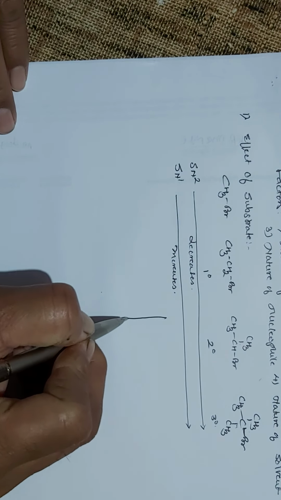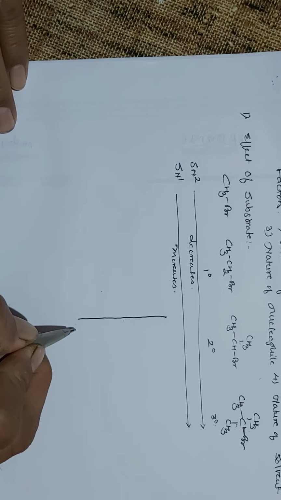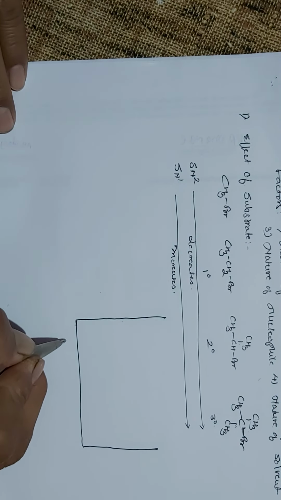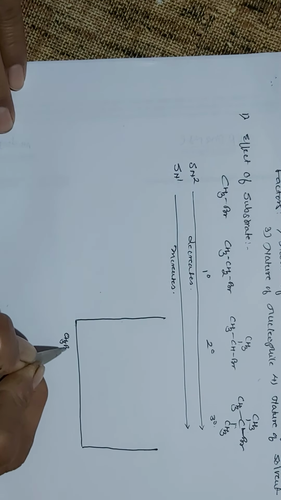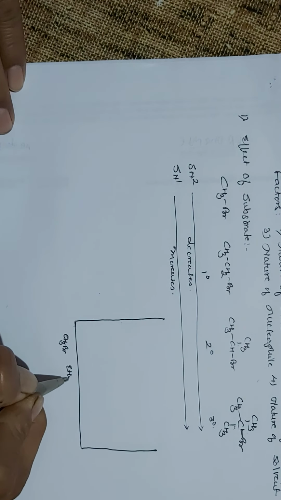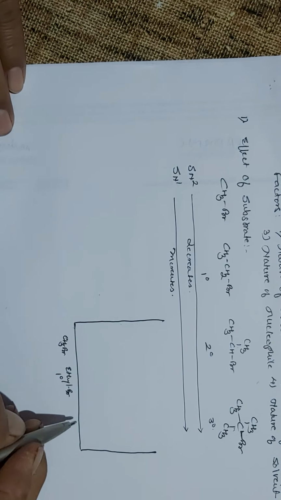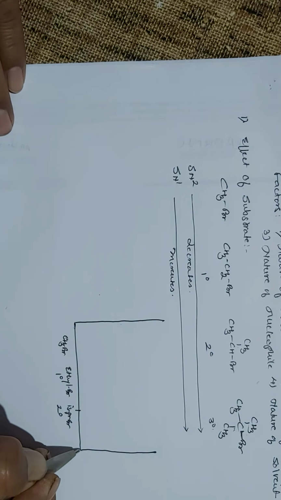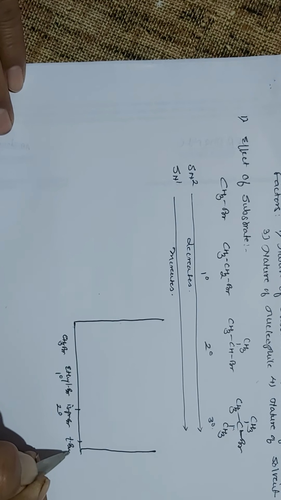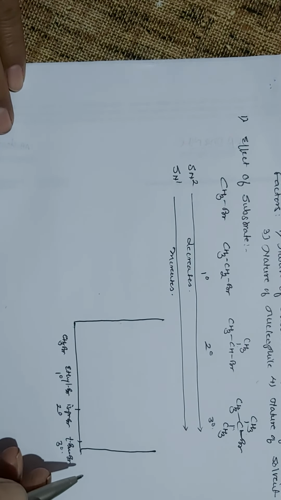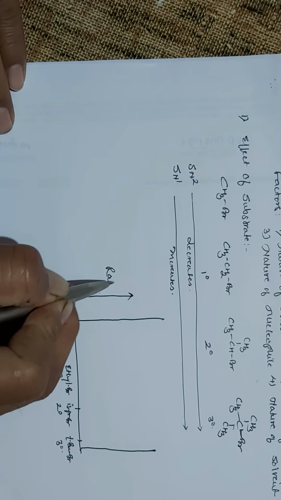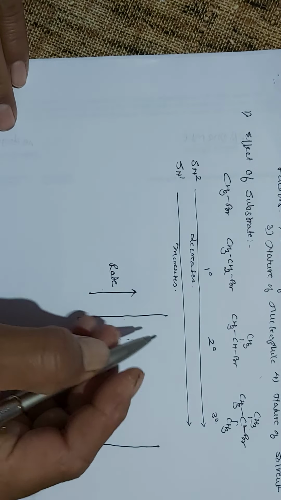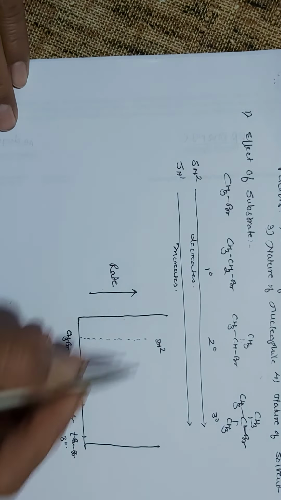In this way, we can plot a graph to show the effect of substrate on the rate of reaction. Here, methyl bromide, then ethyl bromide, which contains a primary carbocation, then isopropyl bromide, which contains a secondary carbocation, and tertiary butyl bromide containing a tertiary carbocation, and the rate of reaction is considered.